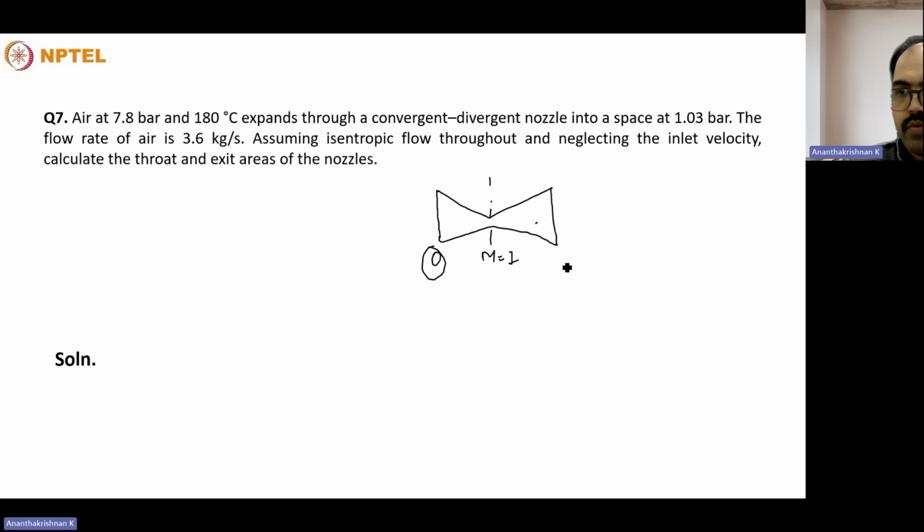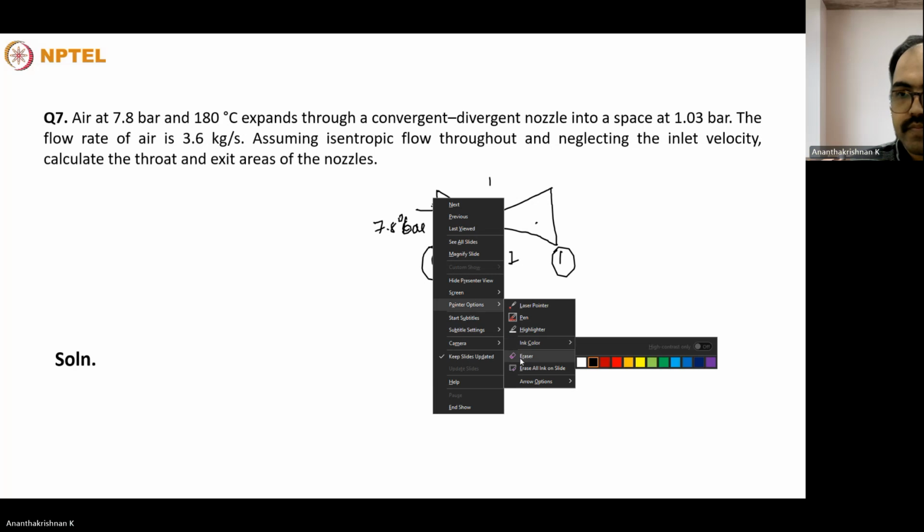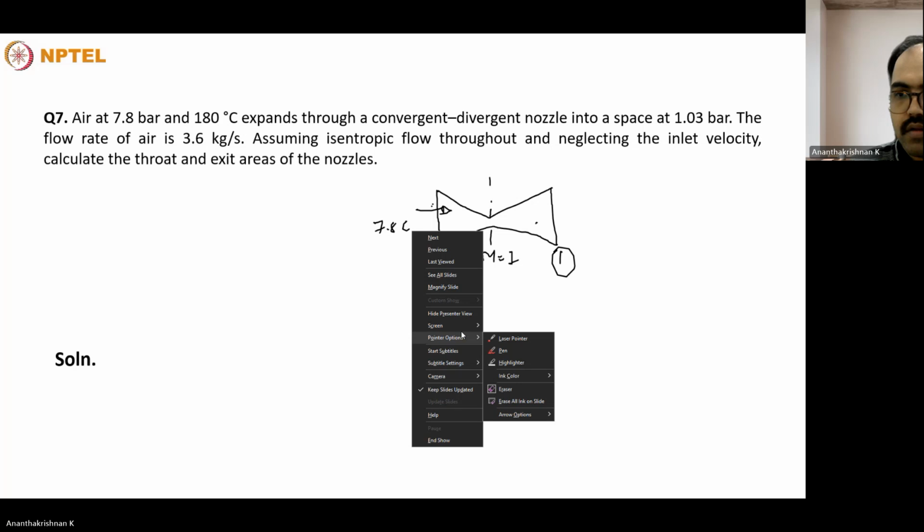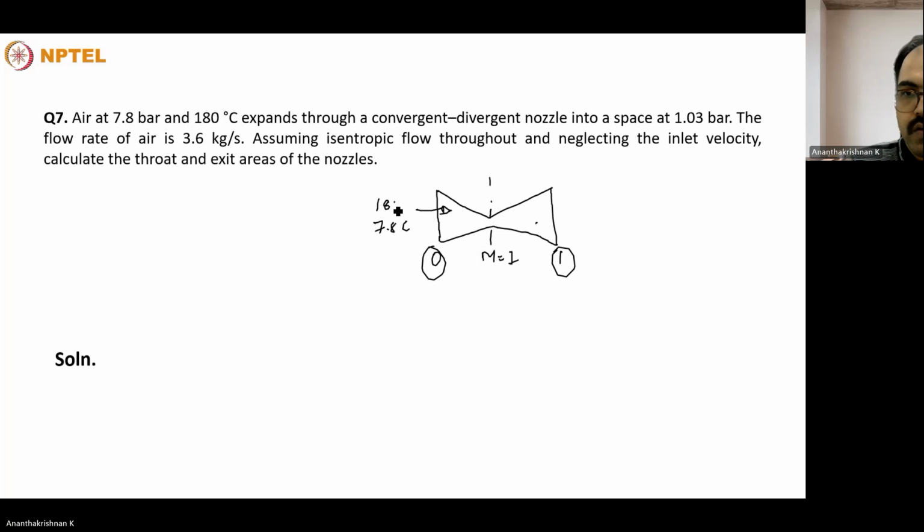Let this be point 0 and this will be point 1. Incoming air will be at 7.8 bar and 180 degrees Celsius, and the flow rate is given as 3.6 kg per second.